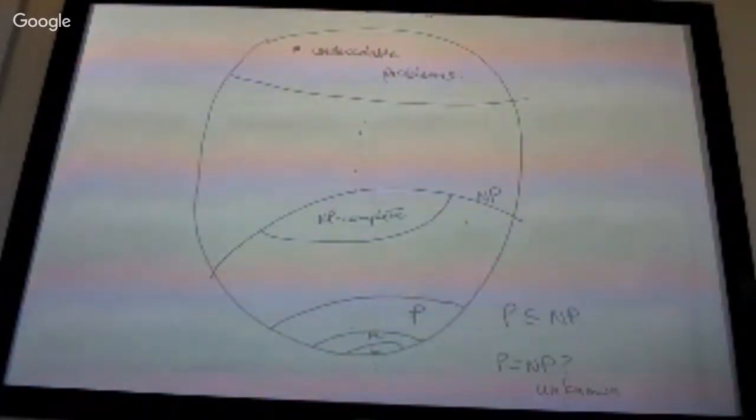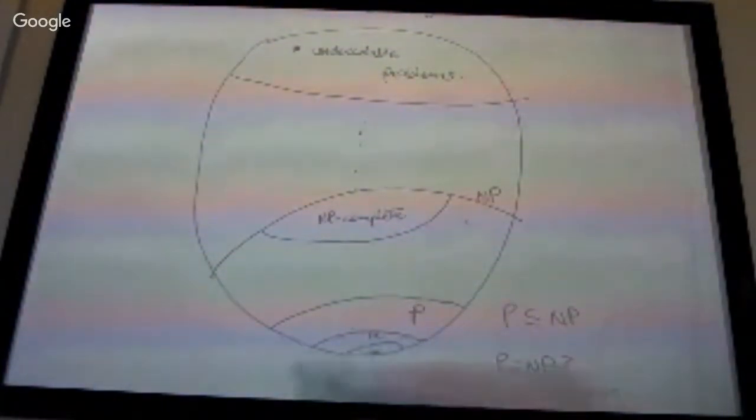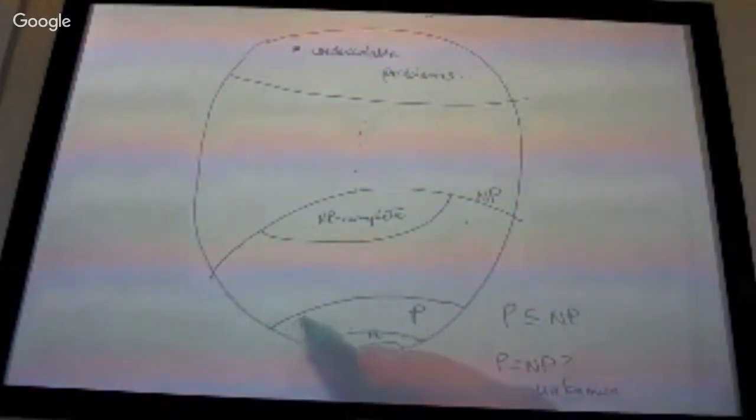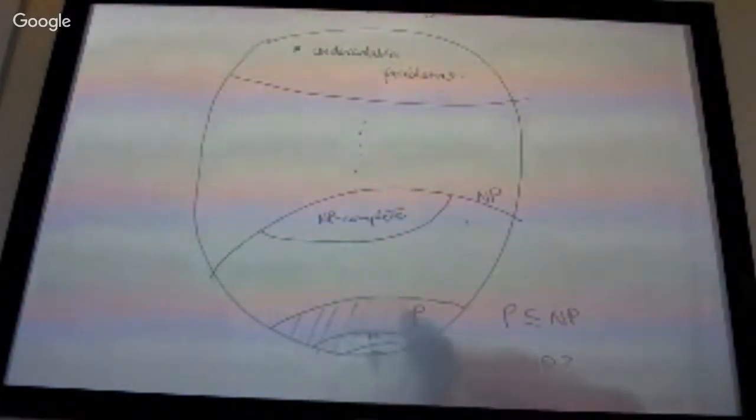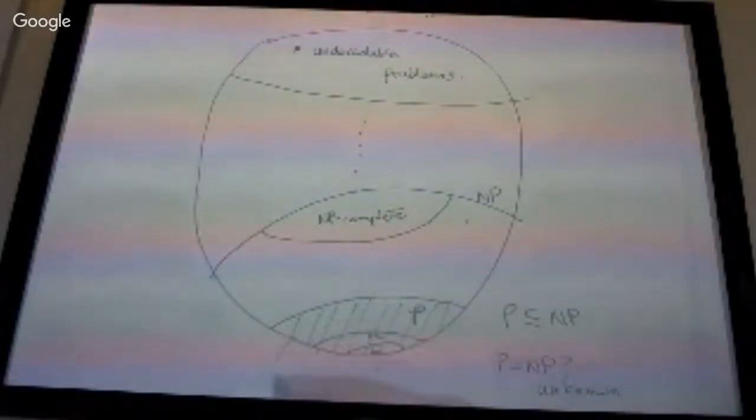And so what we think, for our applications-based approach, this theory is really telling us that these are good, and in practice can usually be solved all right.